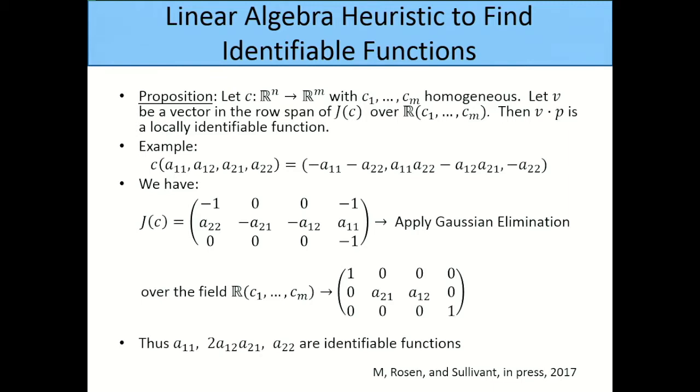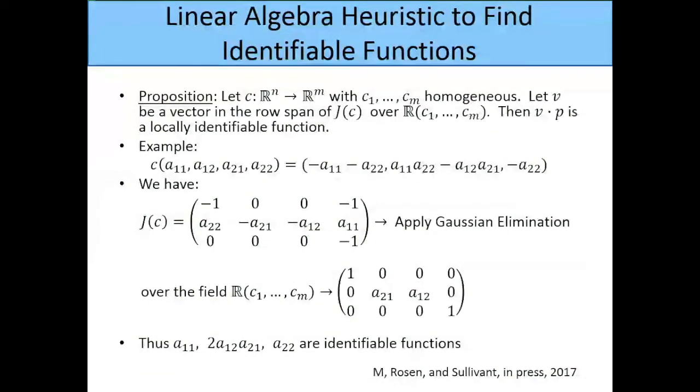Do you mean that the gradient of v dot p will be proportional to v? So yeah, V is something in the row space. V is of the form like f1 of c grad c1 plus f2 of c grad c2 plus and so on. And then I'm taking that linear combination of my gradients and dotting it with the parameter vector.